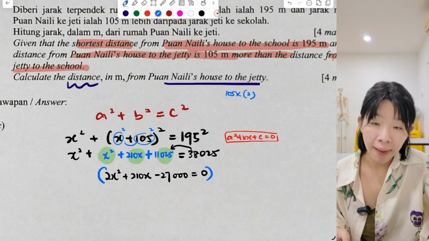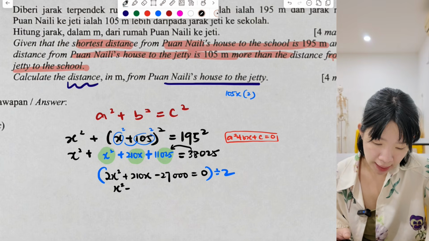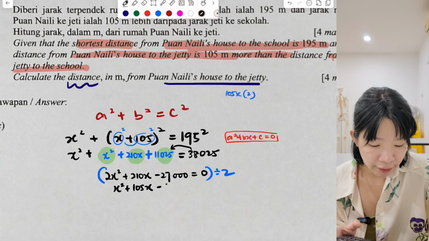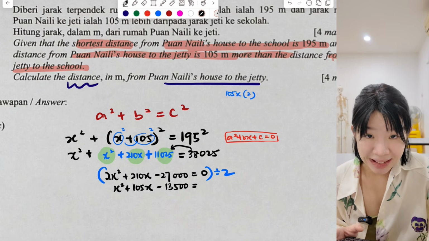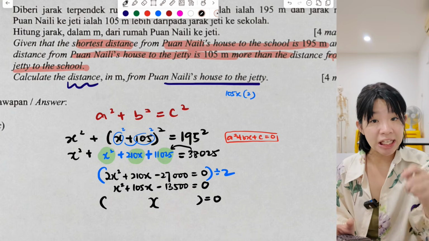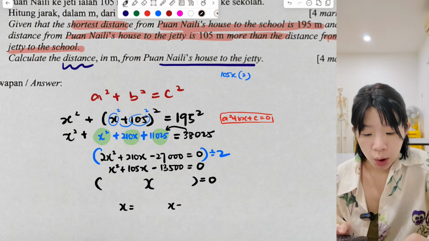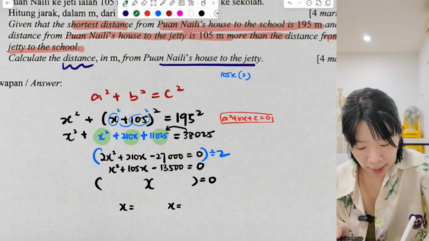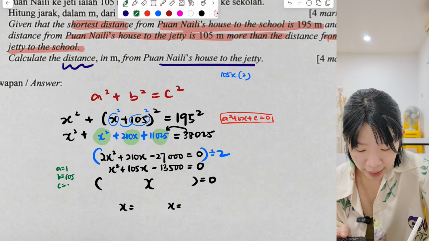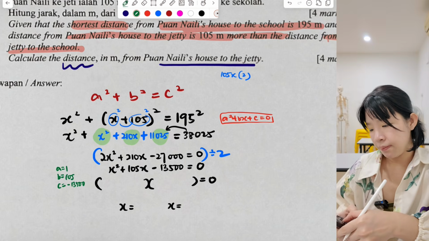Everything can still divide by 2. Divide by 2: x squared plus 105x minus 13,500 equals 0, and 0 divided by 2 is still 0. Then open 2 brackets equals 0, and now key in the calculator. Let's find x1, x2. The A is 1, B is 105, C is negative. Make sure you put negative 13,500. Okay, key in your calculator.